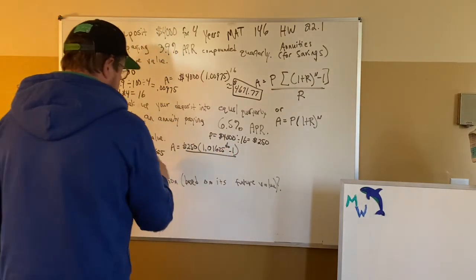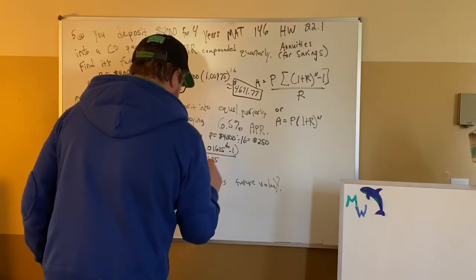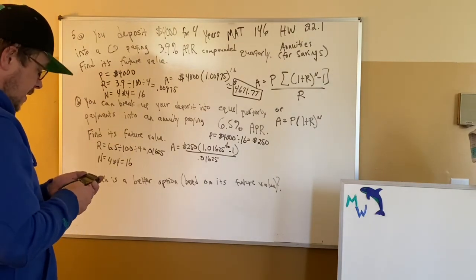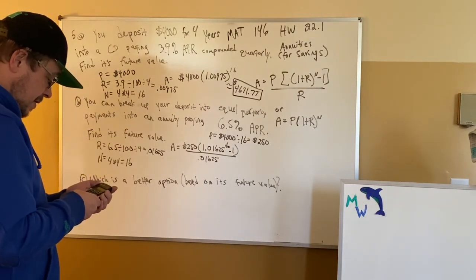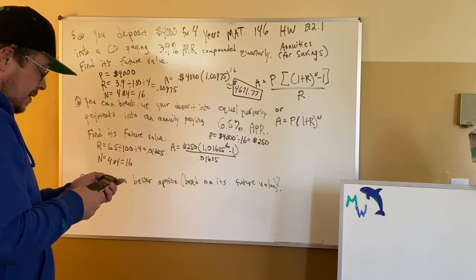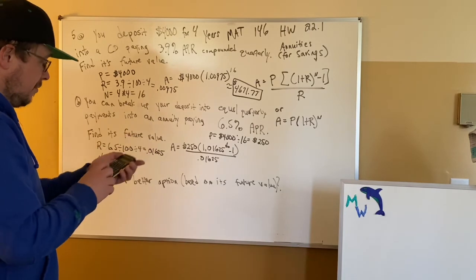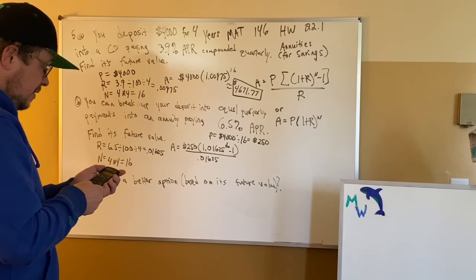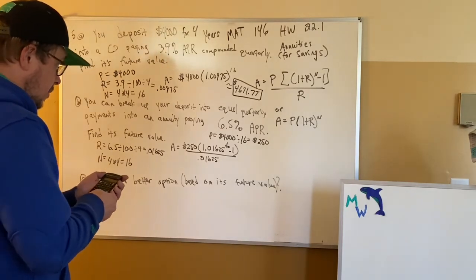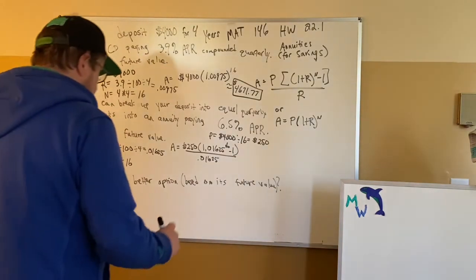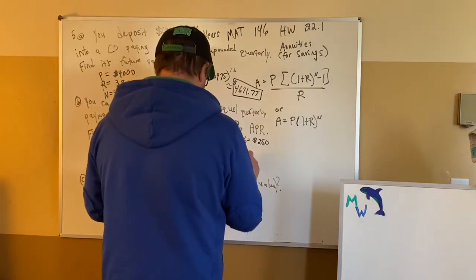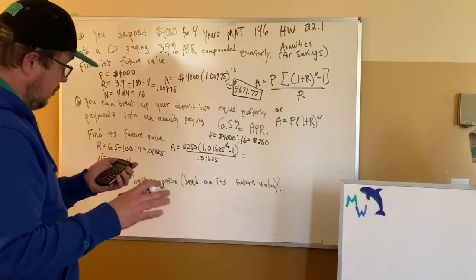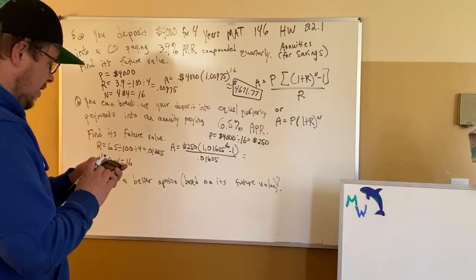In the denominator I have R, which is nicely 0.01625. Alright, so got my 0.01625. I'm going to go with 1 plus that for my base. So that 1.01625, raise it to the power of 16. 16th power. And then what that results in, I'm going to take off 1, and that equals 0.29422475, and I'm going to multiply that by my 250.